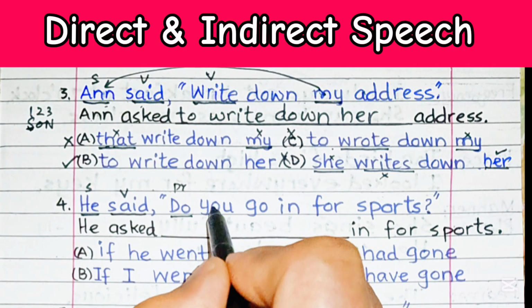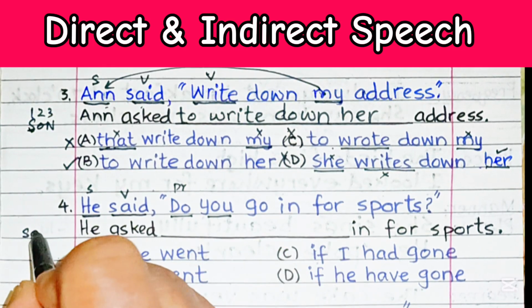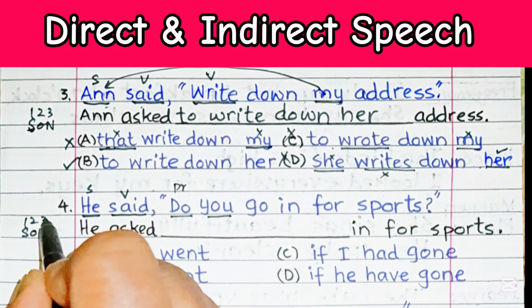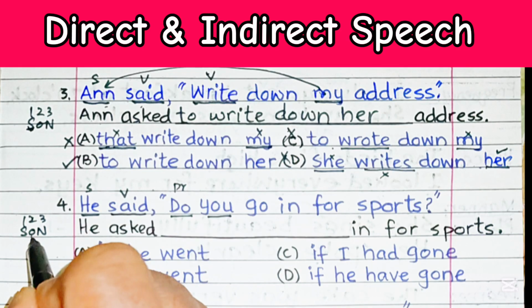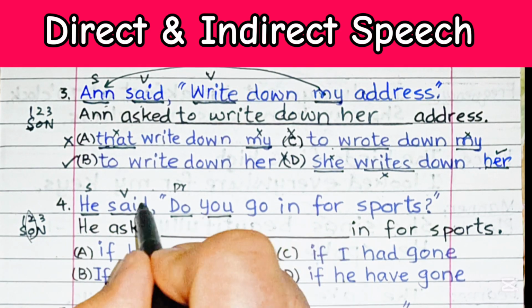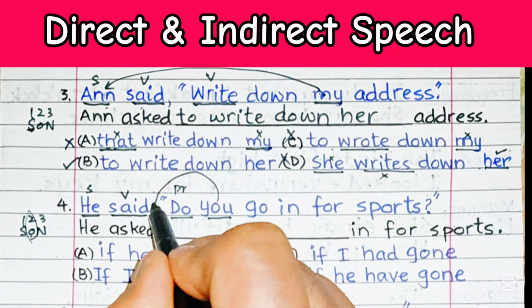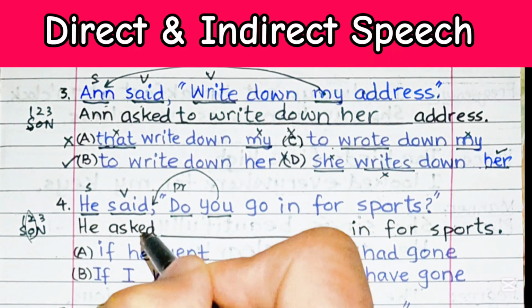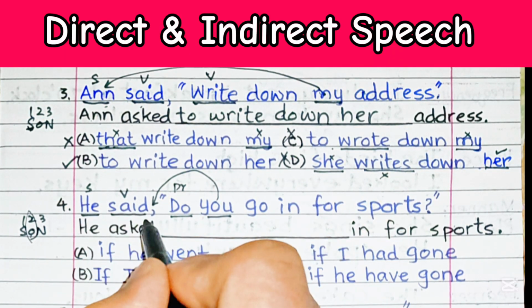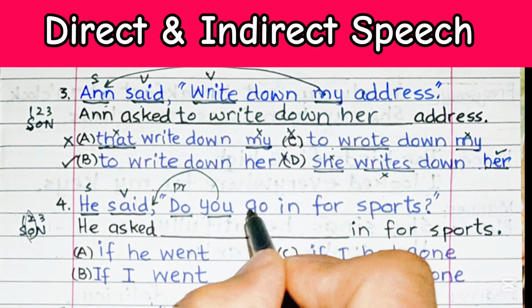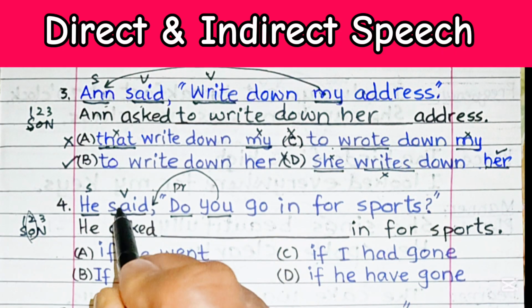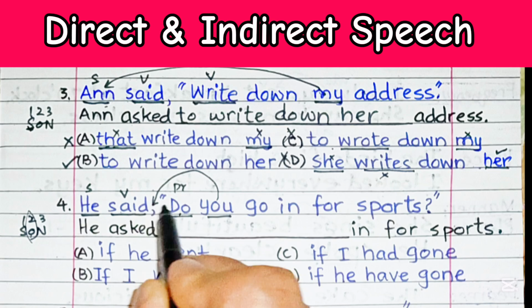So do you is second person as per the SON pattern. Second person is to be changed with the object over here, so we don't have an object, we have to assume that I am being addressed. He said to me, do you go in for sports? So past, and this is present, it gets into past.